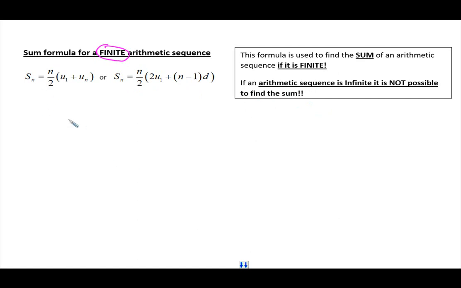All right, so let's take a look at this formula here. S sub n means that we're just trying to find the sum of some number of terms. Like if they tell you find the sum of the first 80 numbers, n would be 80, right? It's S sub 80.